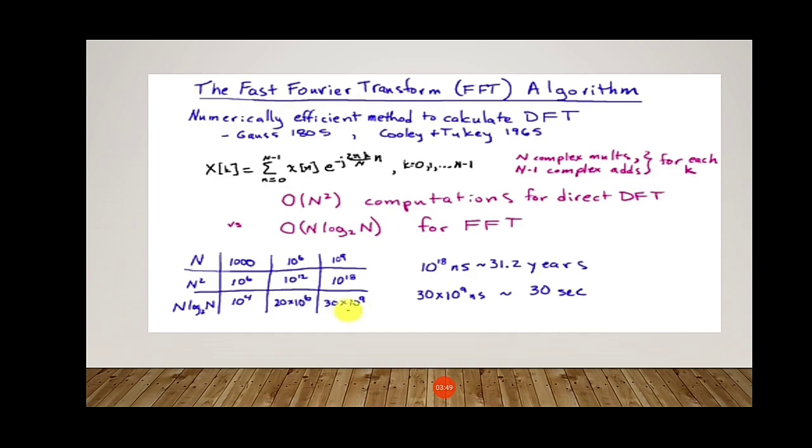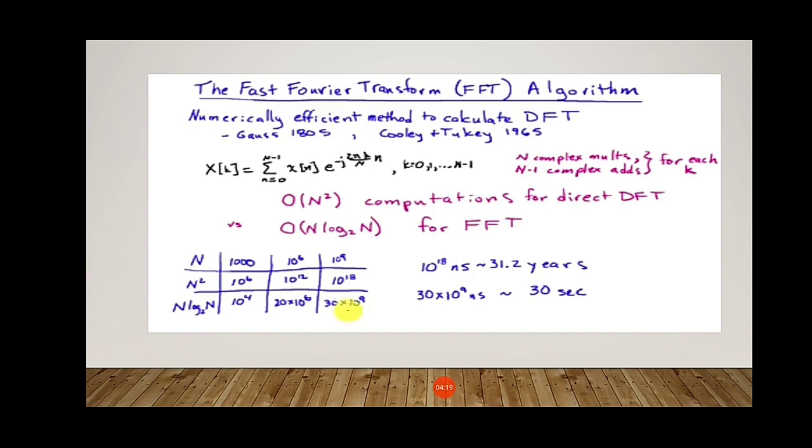But as we go on increasing N, we see that the difference between N square and N log N is getting bigger. When N is 10 to the power 9, N square becomes 10 to the power 18 and N log base 2 N becomes 30 into 10 to the power 9. So herein we see a huge difference.